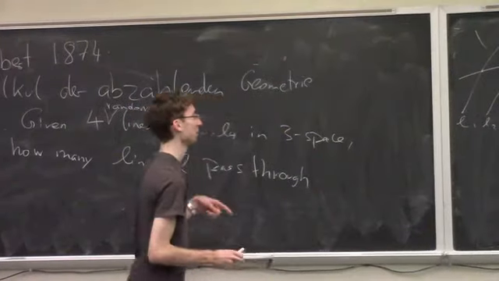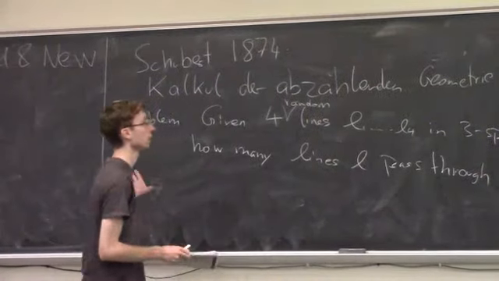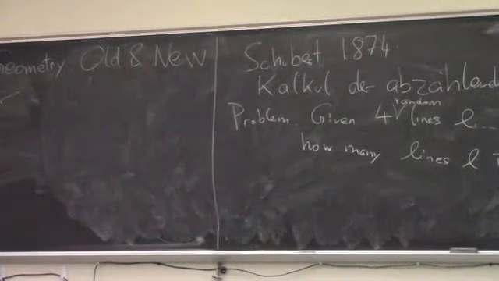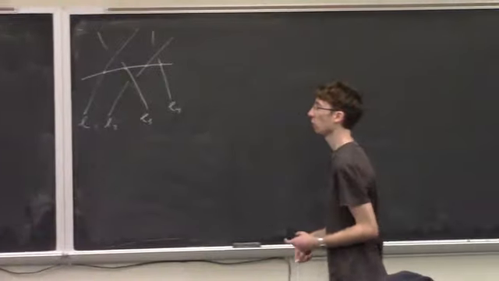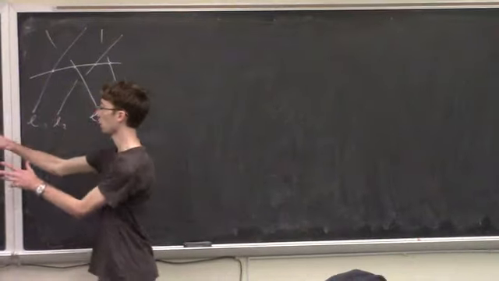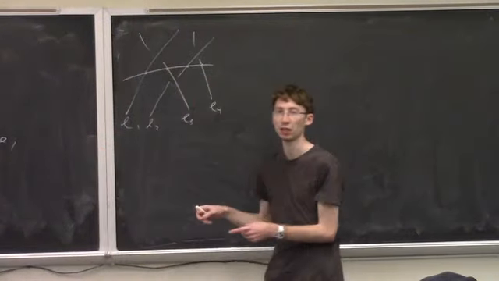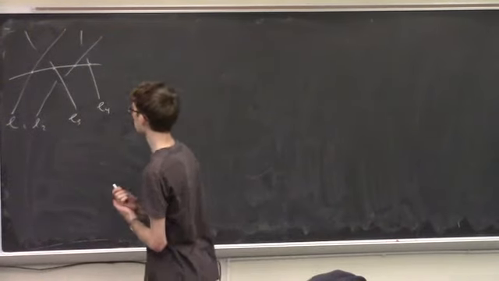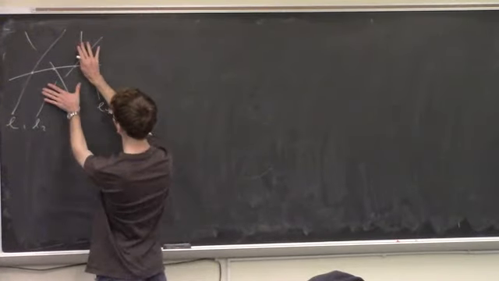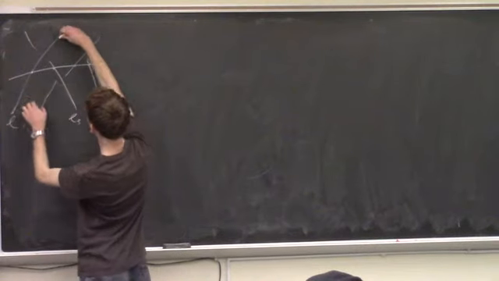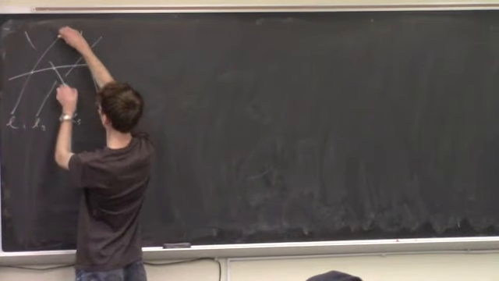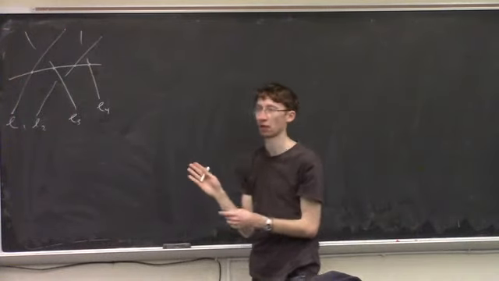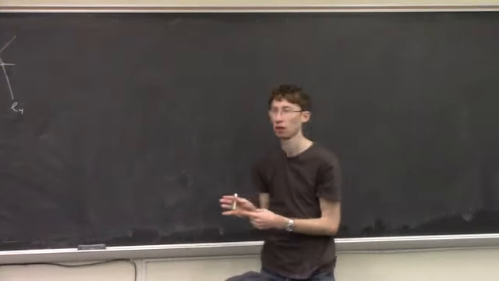In that case, it turns out the number is not 1. But maybe the first thing you should make sure when you think about these problems is that for enumerative problems, you want such types of problems which have finitely many solutions, so you can count them. And if you had only 2 lines, then you could connect any 2 points on these lines, and you would get a line that passes through the 2 given lines.